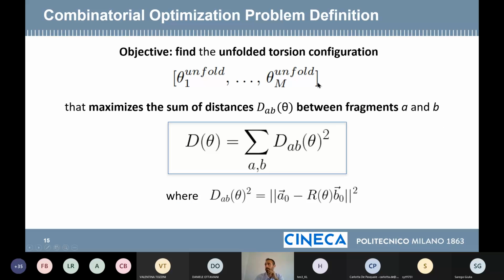The distance that we want to optimize is the sum of all the distances between fragment A and fragment B, and we put it to the square because we want to avoid having a square root.